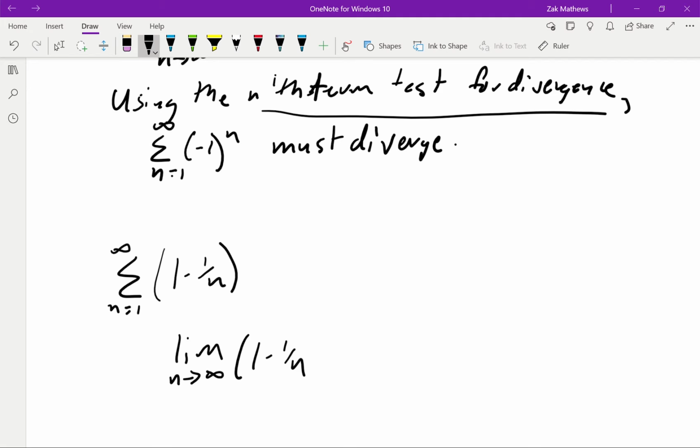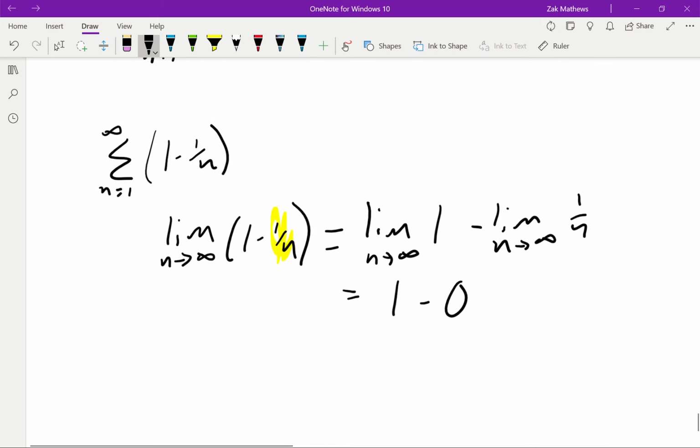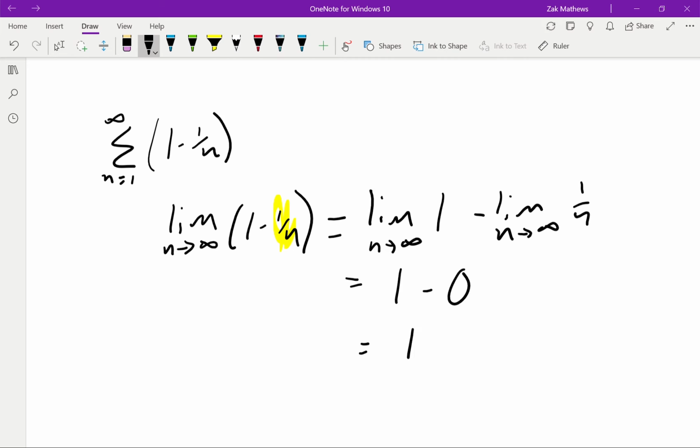If we let n go to infinity, this portion right here, 1 over n, is going to 0, because we can really break this up into two limits: the limit of 1 minus the limit as n goes to infinity of 1 over n. The second portion is going to 0, but the first portion definitely goes to 1, so we have 1 minus 0, which is 1.